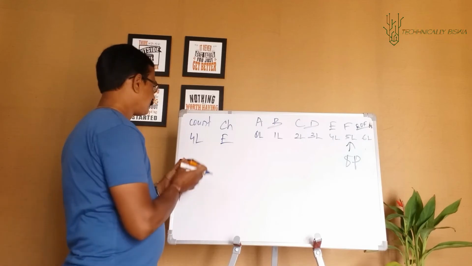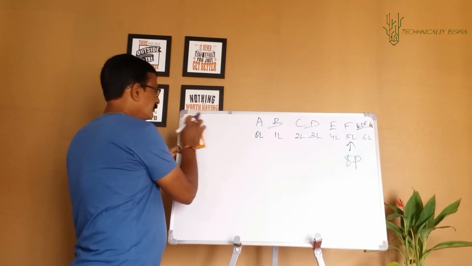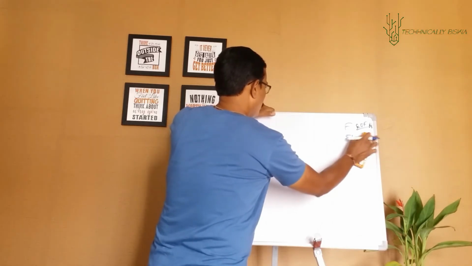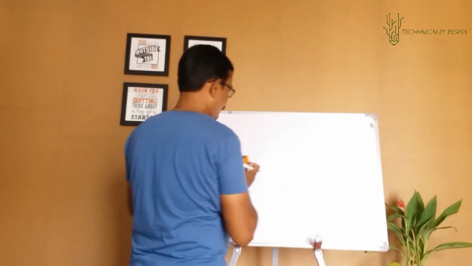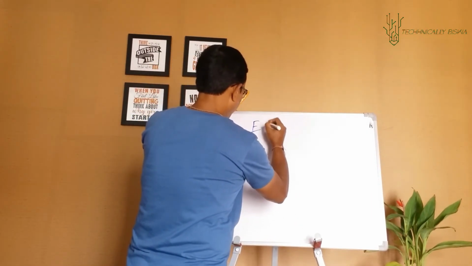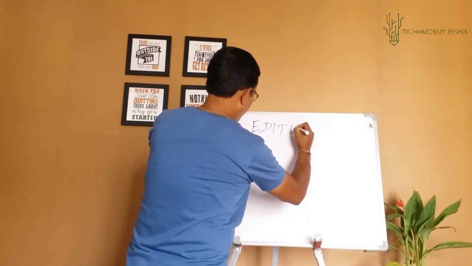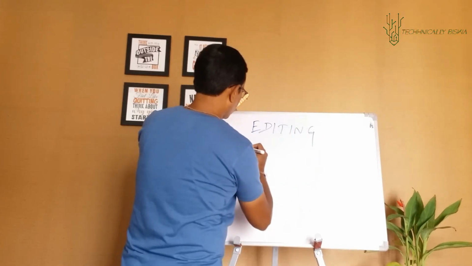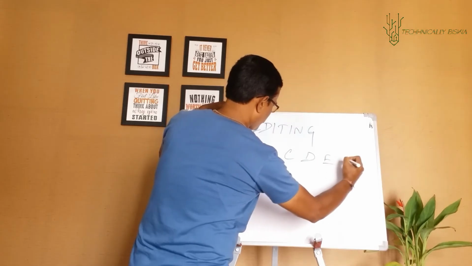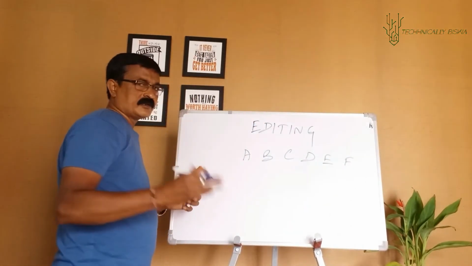Alright? Now, before I end, this will be a short session. The next session will be looking at editing. Before I end, I need to discuss with you the basics of editing. When I am saying editing, suppose this is the content of the file, C, D, E, F. Editing means what?